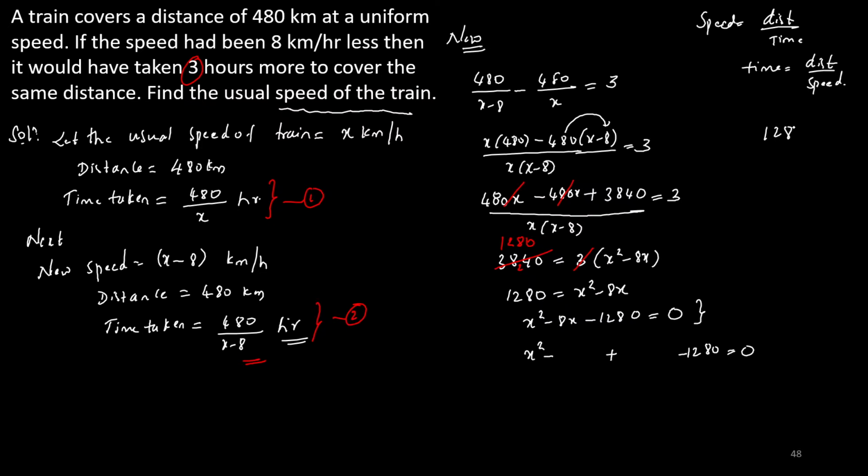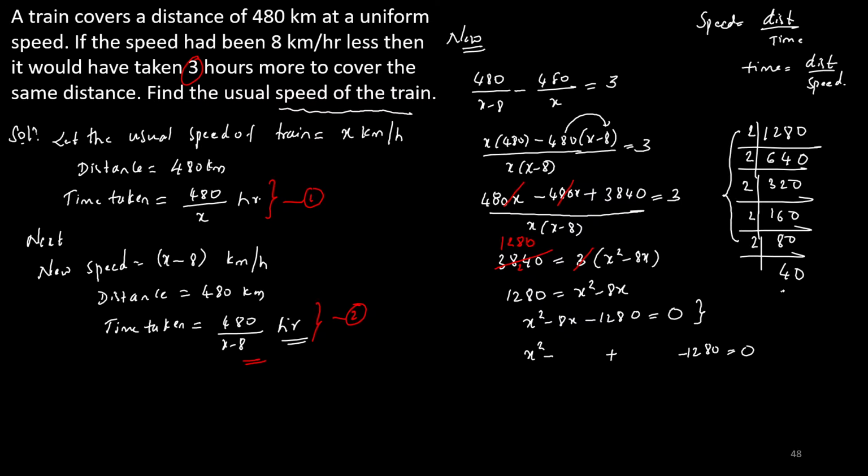For that, 1280 divided by 2 gives 640, then 320, then 160, then 80, then 40. When I multiply the rest, I get 32 into 40. 32 into 40 is 1280, and 40 minus 32 is 8.